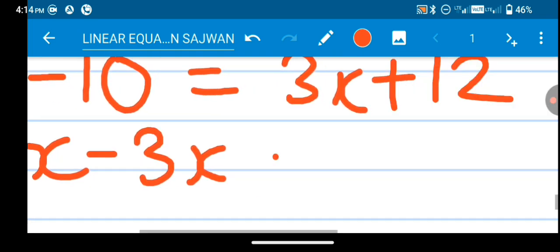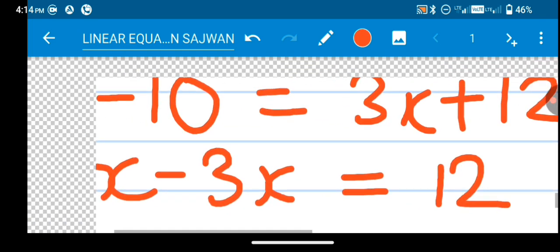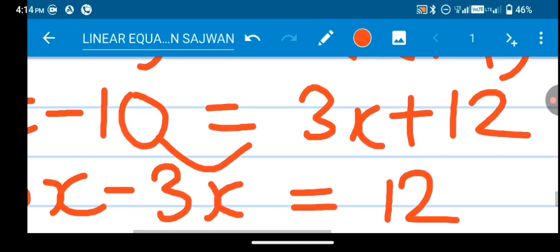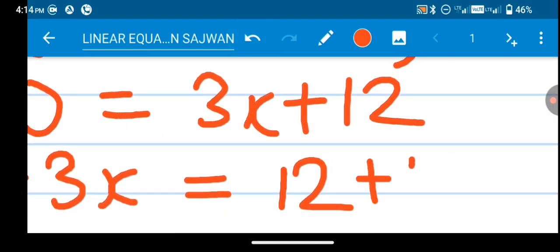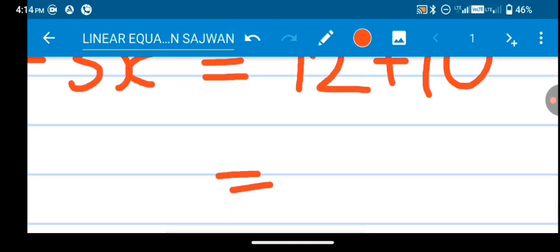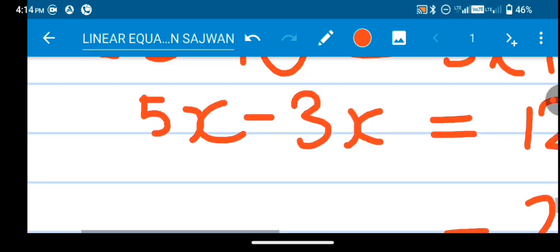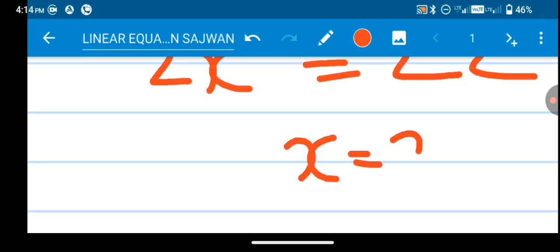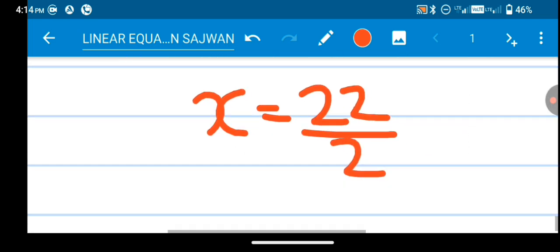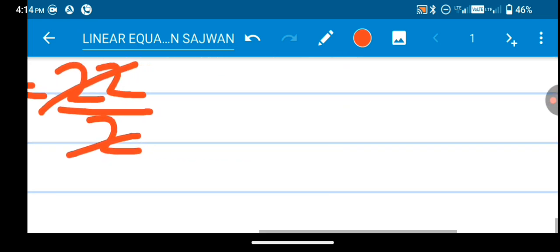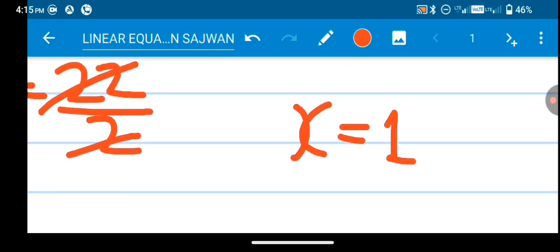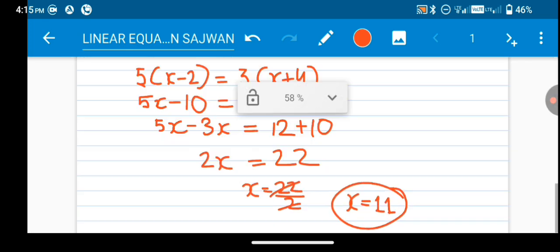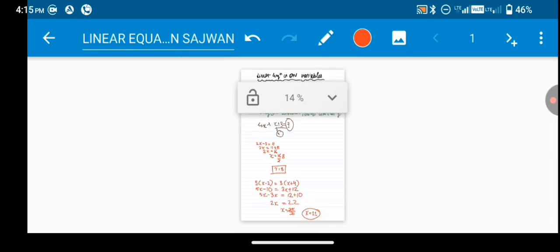Transposing 3x and 10 gives 5x minus 3x equals 22. 5x minus 3x will be 2x. x will be equal to 22 upon 2, and x will be equal to 11.